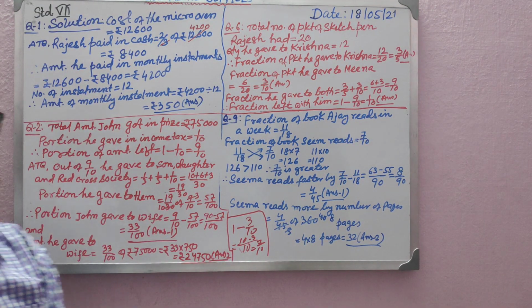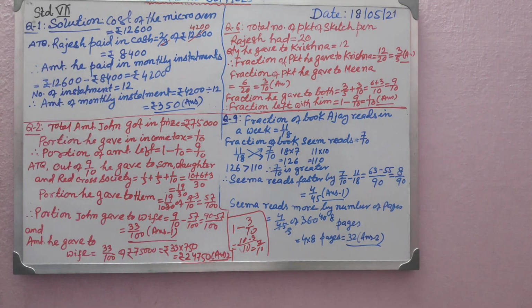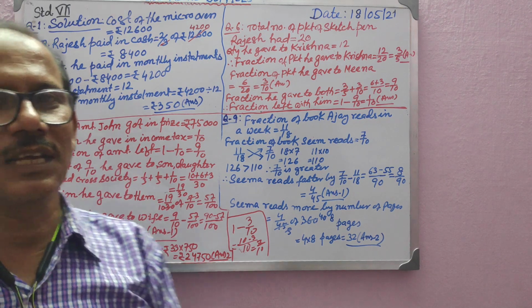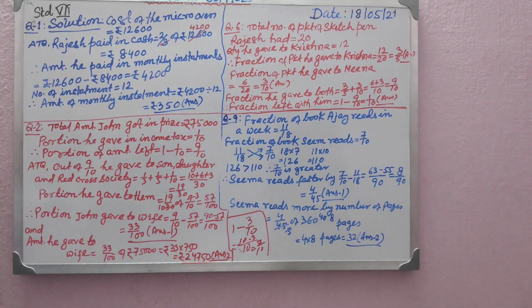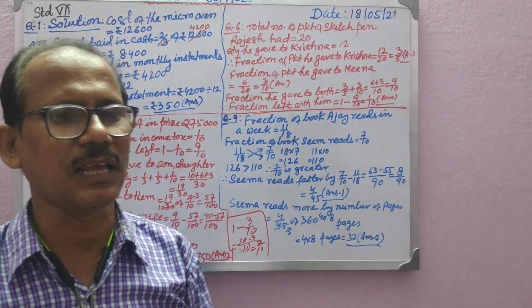First question I took because I felt that I should discuss it with you. It is given to you the cost of a microwave oven. One microwave oven is costing 12,600. What happened? Rajesh didn't have that money at a time.